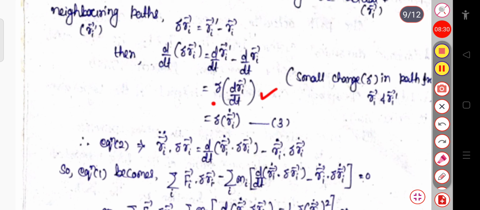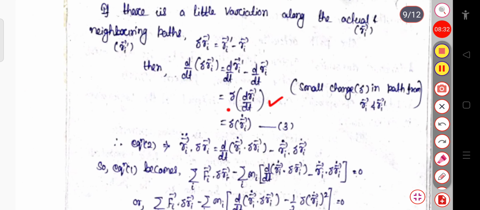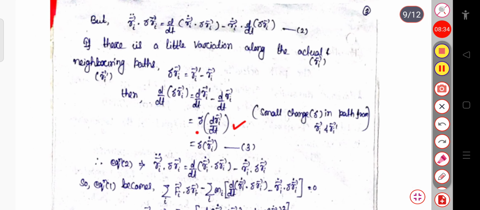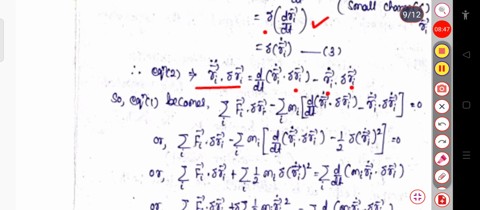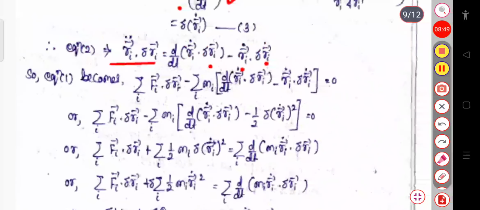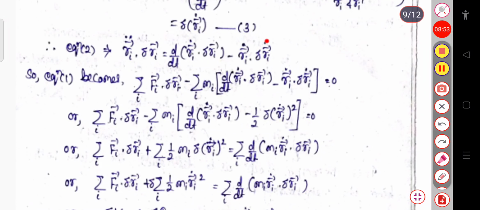Now from equation 2 I can substitute this value: r_i double dot · δr_i is equal to d/dt of (r_i dot · δr_i) minus r_i dot · δ(r_i dot).